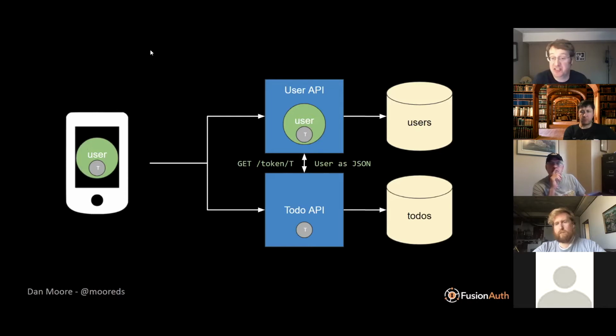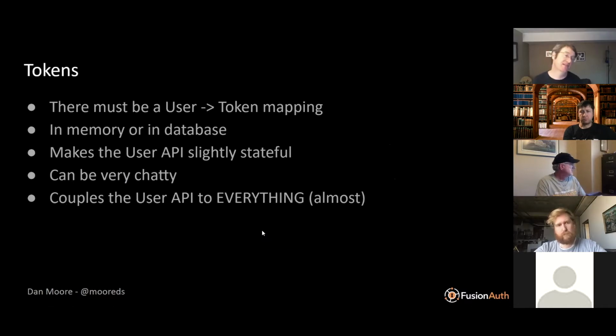Now, at the very least, because we control both the user API and the to-do API, we can be assured that that token represents a real user who's really been logged in and is not being crafted. The problem with this structure is that you have to manage between users and tokens.